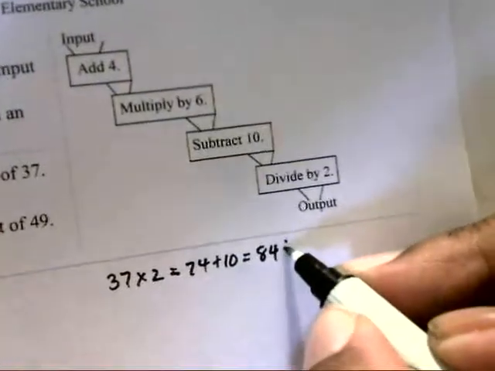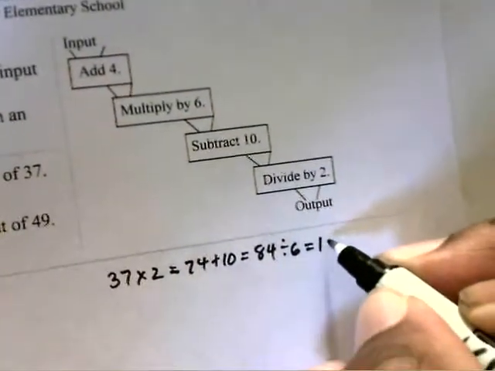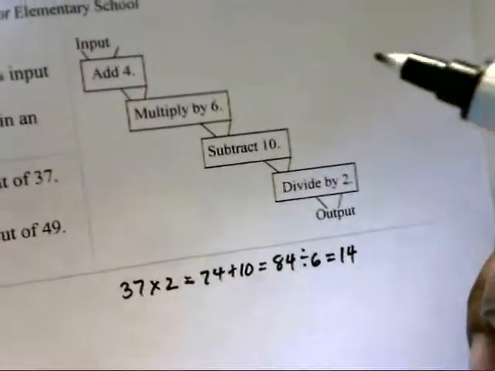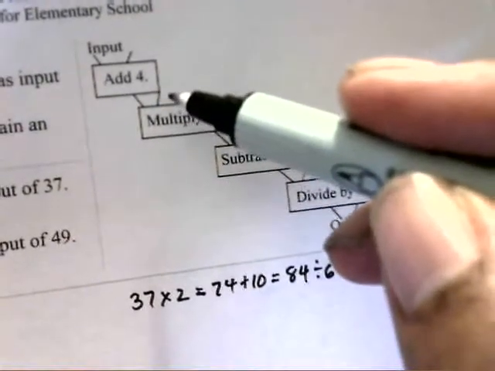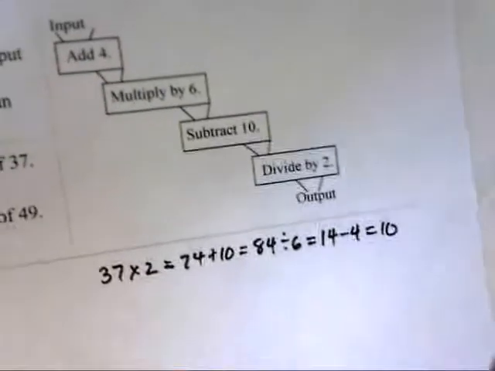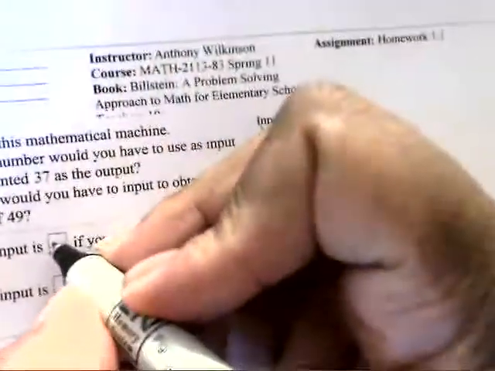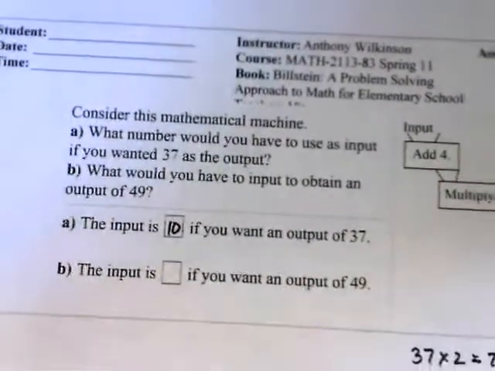So the opposite of that will be dividing by 6 to get, I think, 14. And then we added 4 to get the 14. So we have to subtract 4 to get 10. So our input will have to be 10. Okay, so if we want the output to be 37, the input will have to be 10.